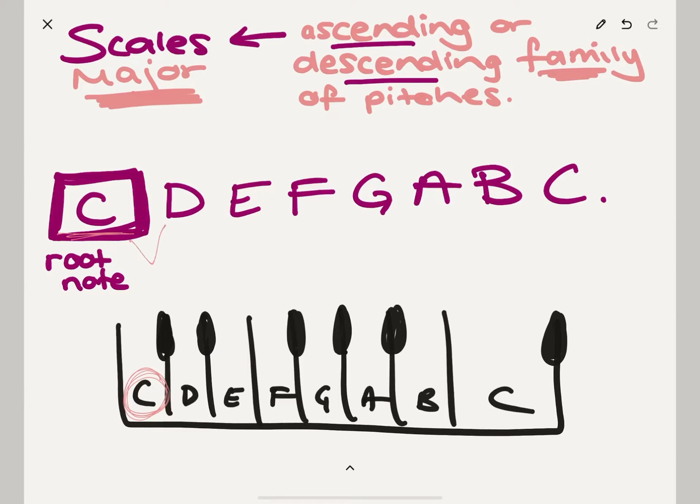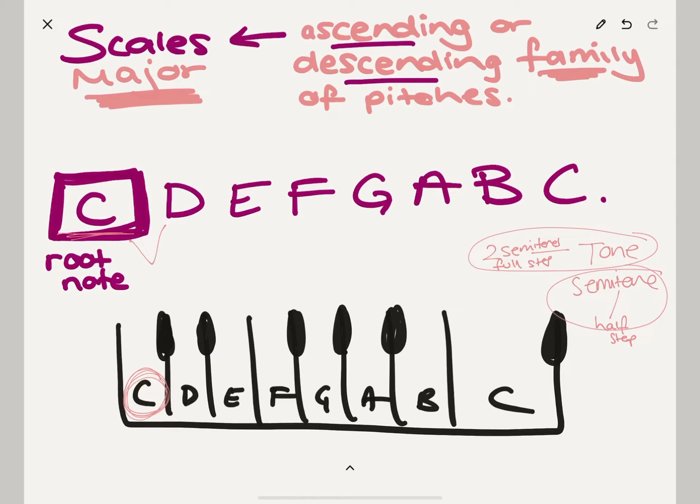There is a pattern for major scales where we use the words tone and semitone. A tone is like two semitones, and a semitone is this thing we call a half step. So this one's a full step. You've got a full step or a half step.